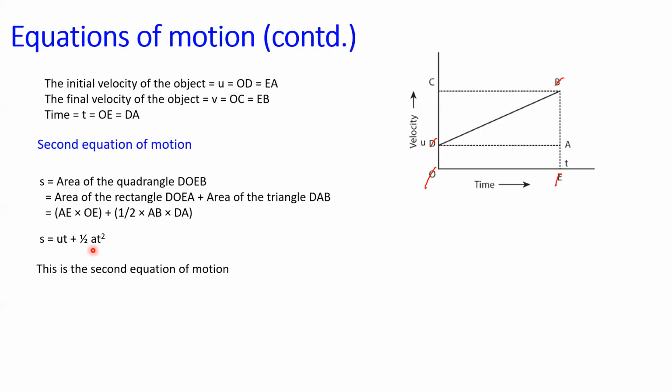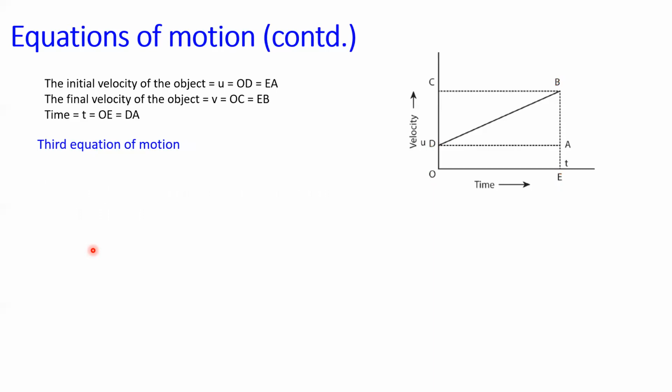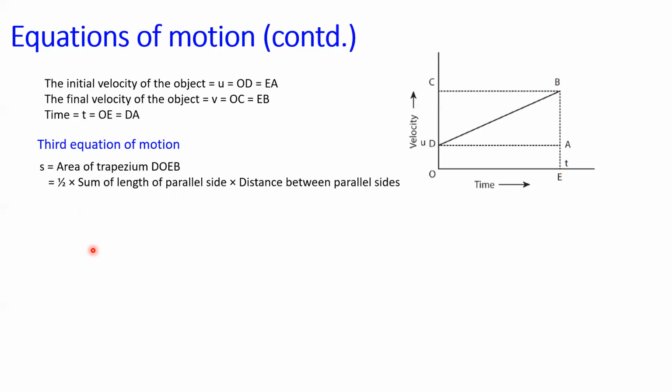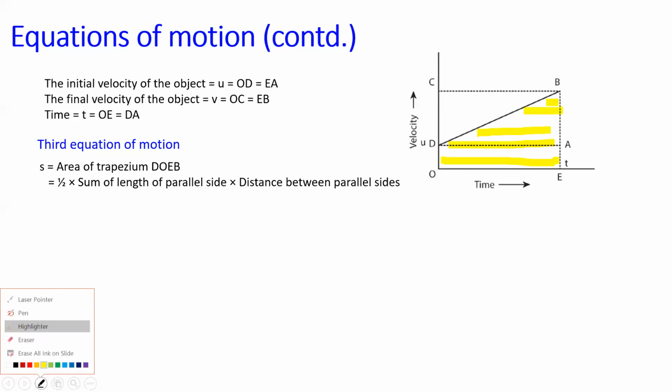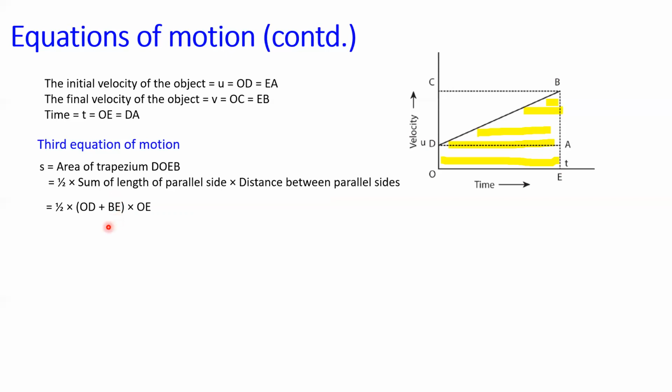Next, the distance covered by the object during the time t can be calculated by considering the area of the trapezium. The area of the trapezium DOEB is equal to half into the sum of the length of the parallel sides into the distance between the parallel sides, which may be equal to half into OD plus BE into OE, which is equal to half u plus v into t.